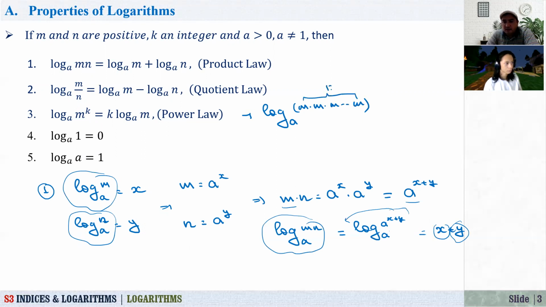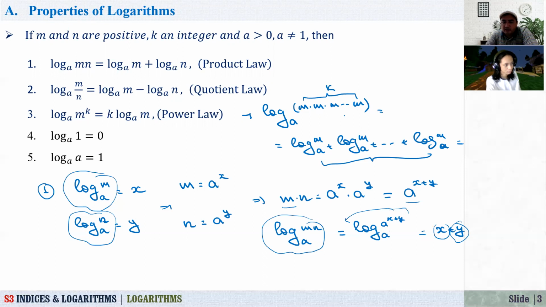If I apply the first property again and again, k times, we have the logarithm of m to the base a plus the logarithm of m to the base a, dot dot dot, plus the logarithm of m to the base a. And how many terms do we have here? k terms. So that's just equal to k times the logarithm of m to the base a.